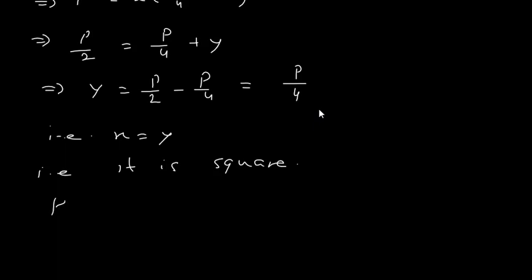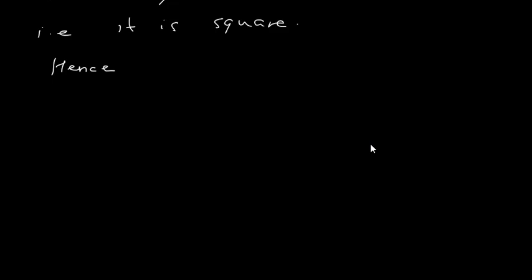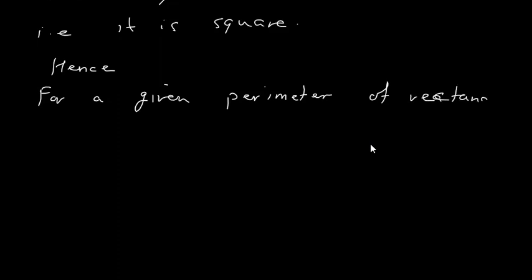So hence, for a given perimeter of a rectangle, the area is maximum when length and breadth are equal, that is, when it is a square.